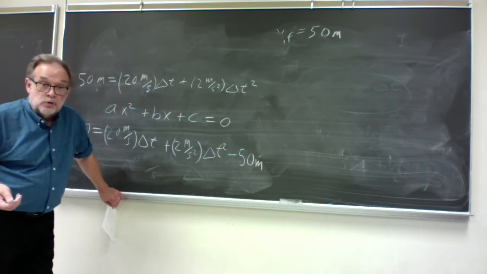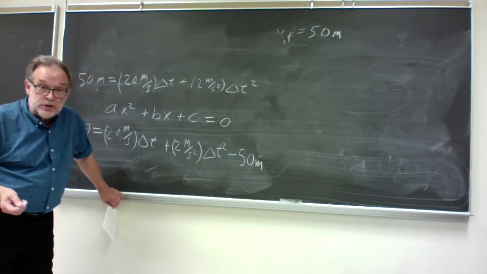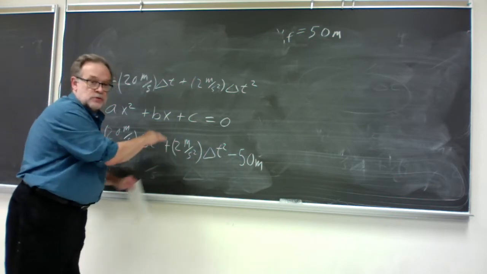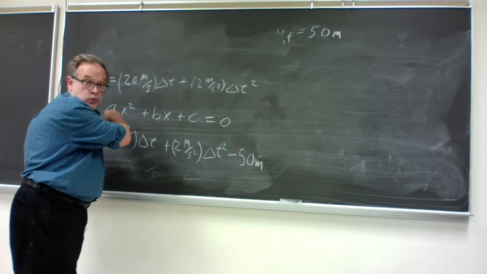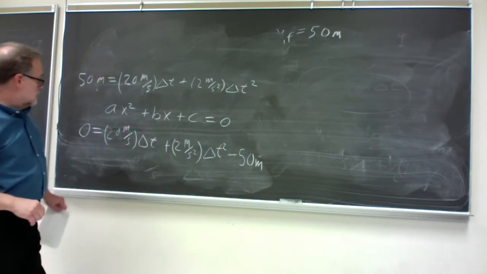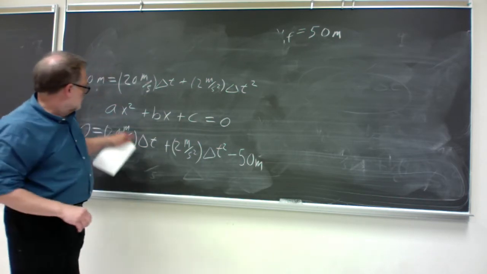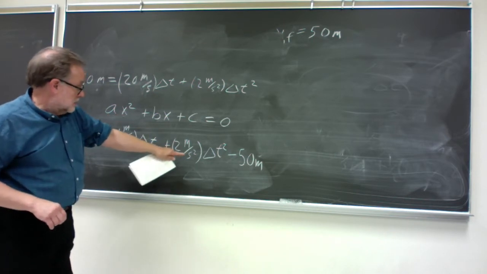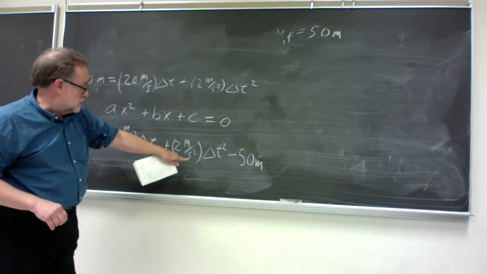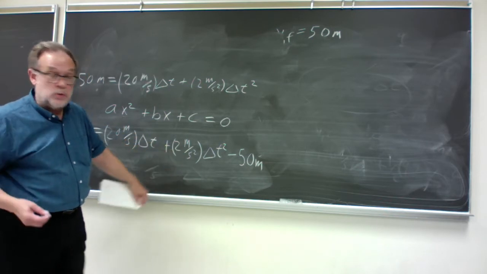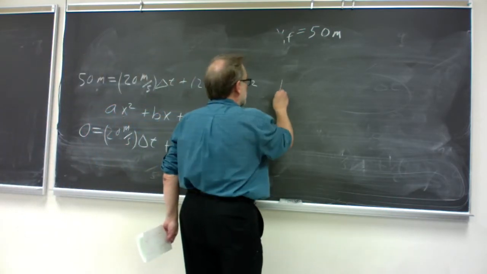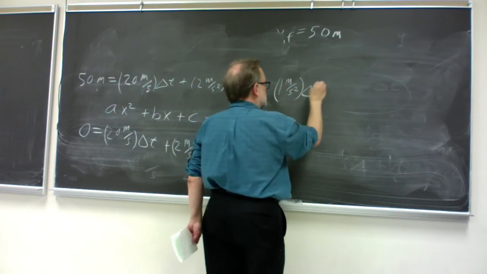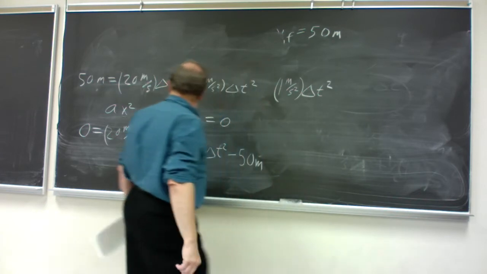Let's make it a little simpler by dividing everything by 2, and then flipping these around so that it has exactly the same form as this. Dividing everything by 2, we start with the variable squared term. That's this. Dividing by 2, this just comes out to plain old delta t squared, or I'll write 1 meter per second times delta t squared.